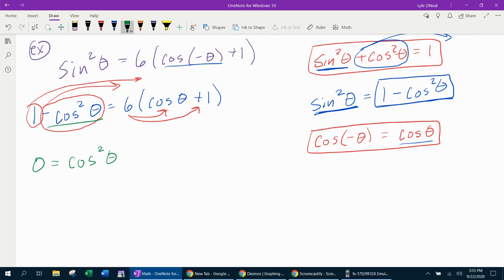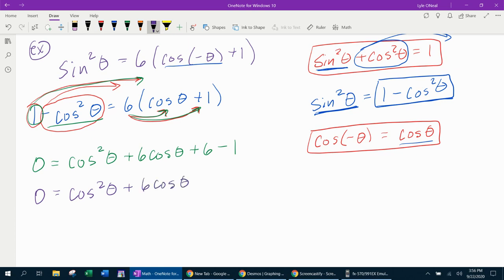And then if I distribute the 6, I'm going to have plus 6 cosine theta plus 6, right? If I distribute the 6 to both of those terms. Oh, and don't forget about the plus 1 coming over. That's going to make him a minus 1. And then I need to combine like terms. Okay, so I've got cosine squared theta plus 6 cosine theta plus 5.